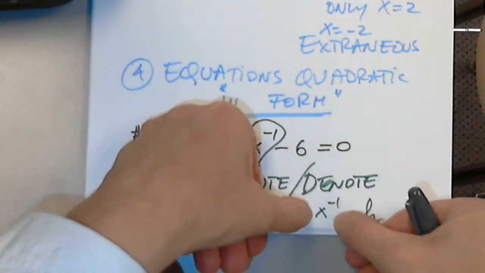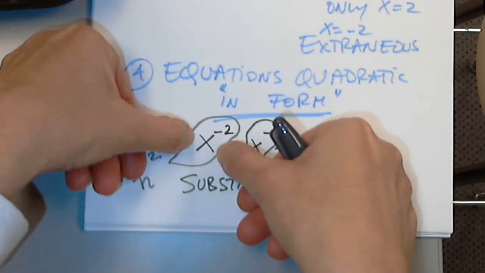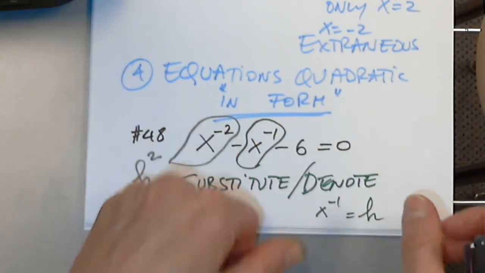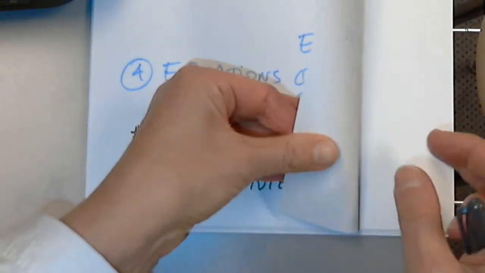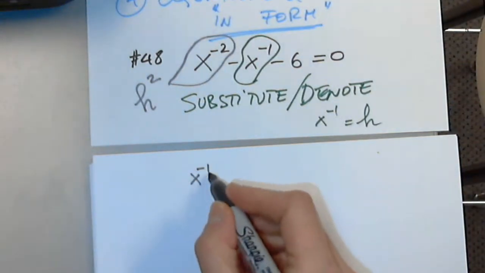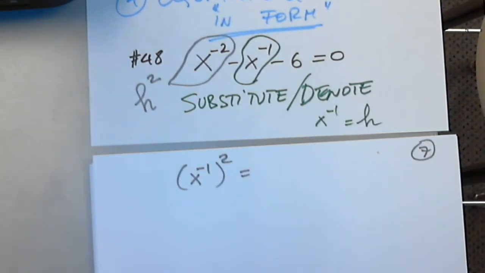So if you square this, do you get this? Copy the base. Let's see it. If I decide to square x to negative 1, what do I get? Copy the base. What do I do with the exponents?